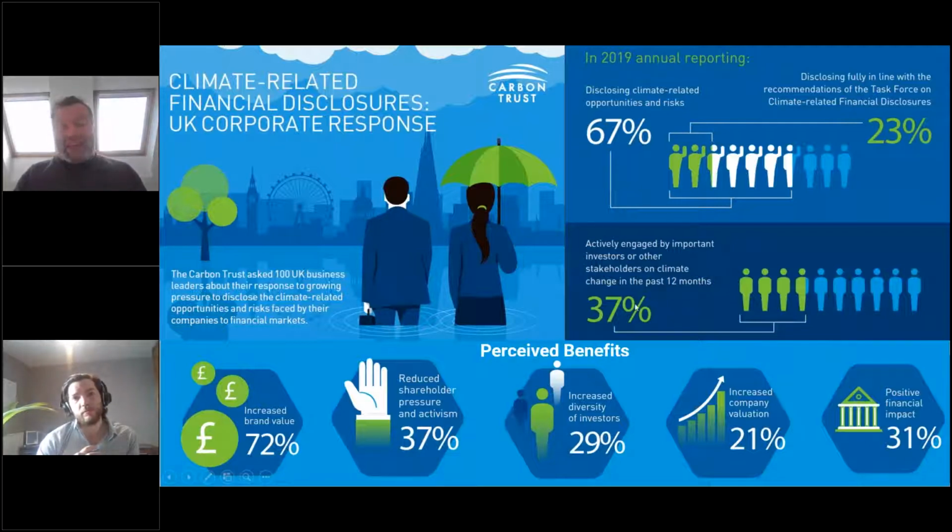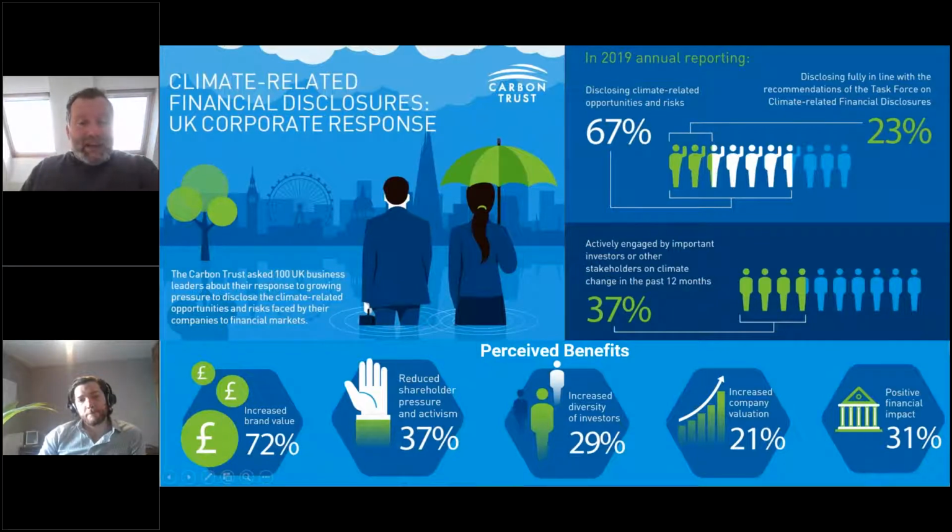We also saw that 37% of companies were actively engaged by their investors on climate change in the last 12 months. So we can see that classic push and pull. We had investors and lenders and the people that provide the finance for businesses asking for these disclosures, and we've also got companies saying that they're going to deliver on that. And that gap has definitely been closing.